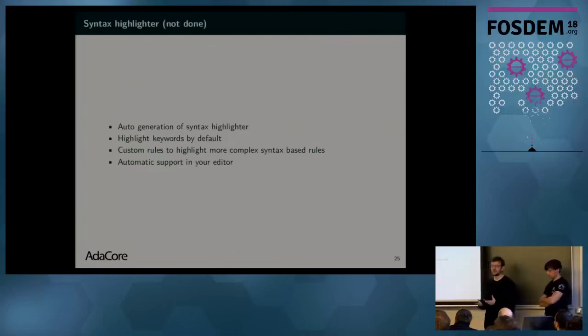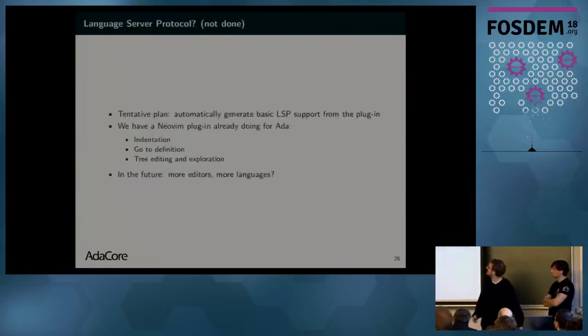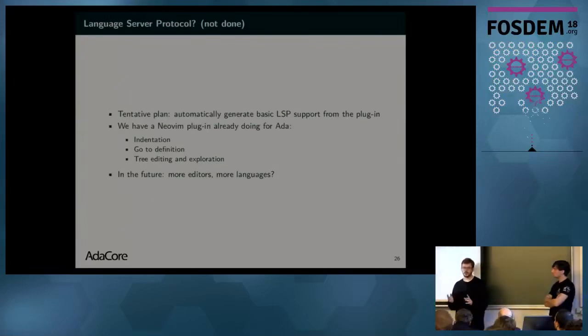We have all the information we need to produce a syntax highlighter. And going this way, we could imagine at some point being able to provide a whole server for the language server protocol. So you write your language specification, you write how to do go-to definition, auto-completion, etc. And it will generate the engine that does it, and you can directly plug it into your editor.